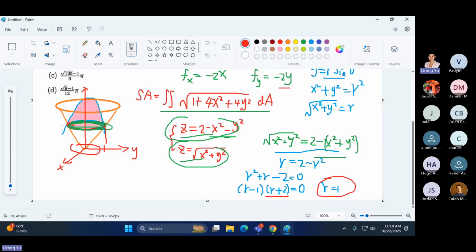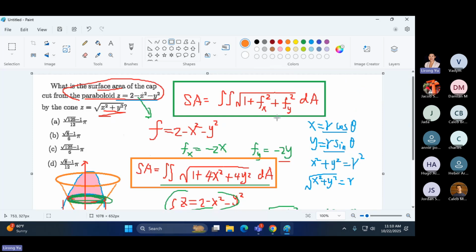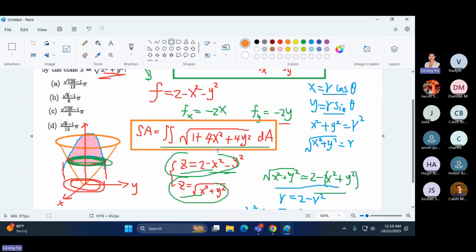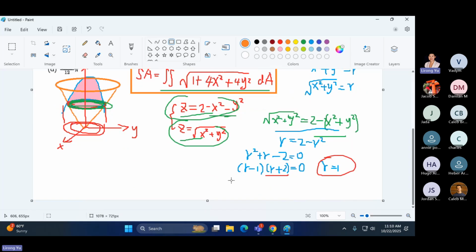Okay, so project that onto the xy plane, you see a circular integration region. For this integration region, we are going to do the full circle. Now the integration for the surface area becomes a little bit clear. So we slowly go from the original surface area equation, where we knew the integrand but not the integration region, to now knowing the integration region is a circle of radius 1.